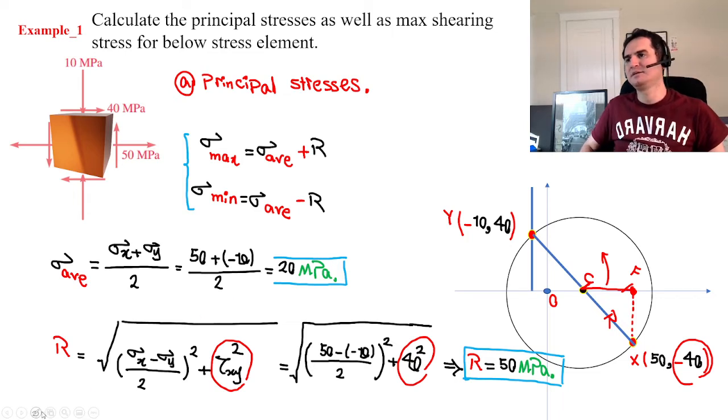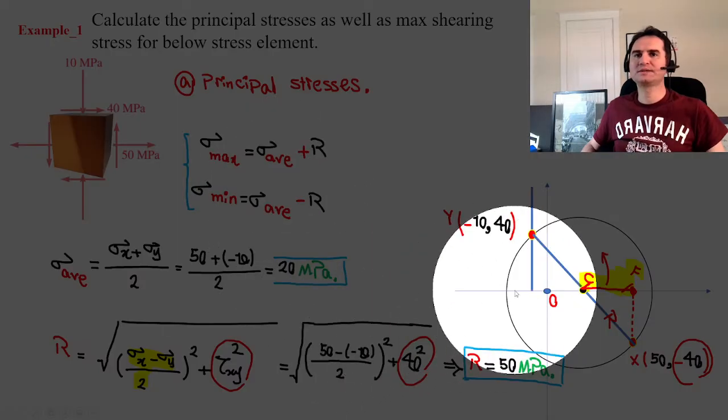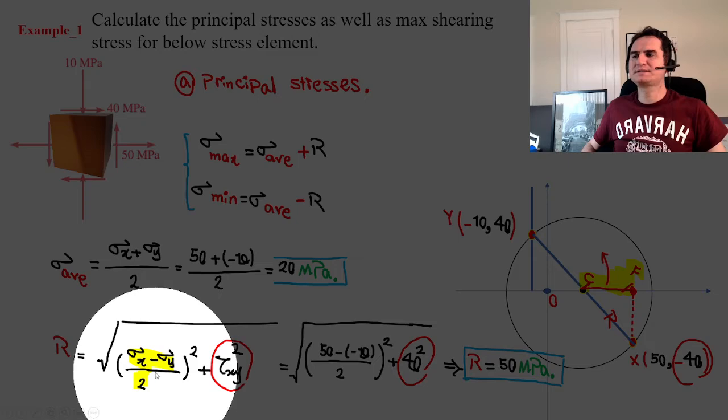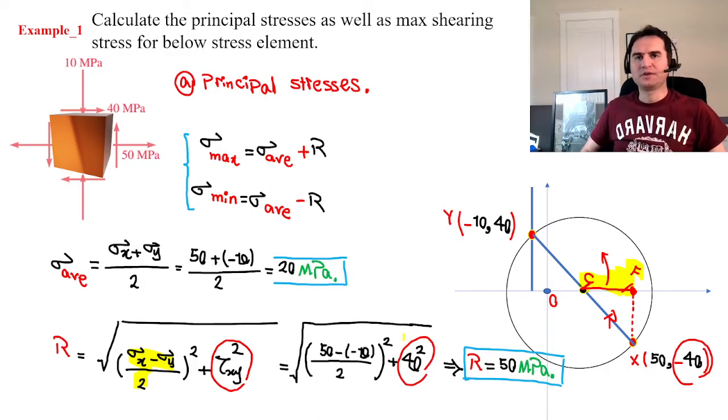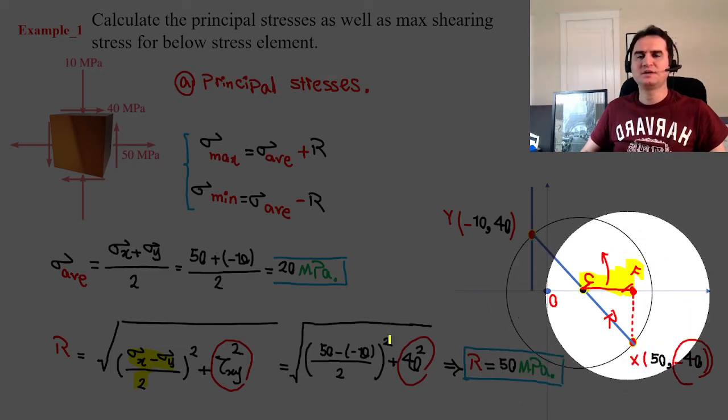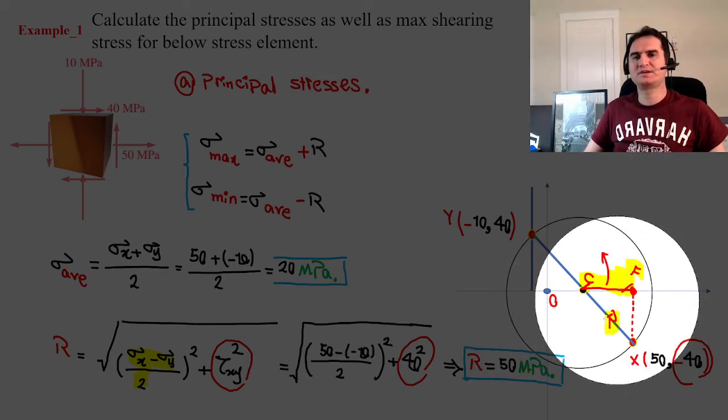CF is just sigma x minus sigma y over 2. So how that goes from C to F is just sigma x minus sigma y over 2. If you have CF and XF, you can easily calculate the radius.